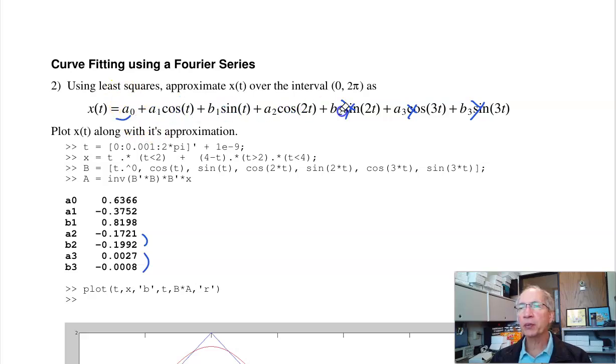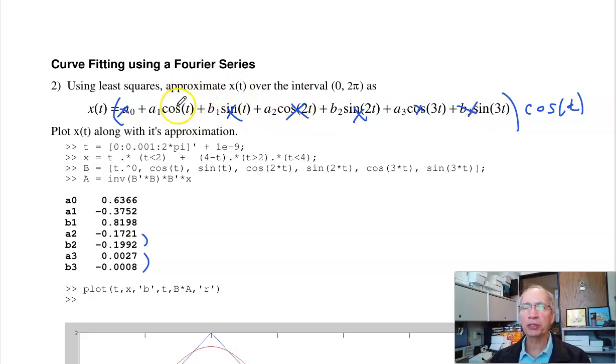Suppose I want to find a1. Well, if I take x of t and hit it with cosine of t, then take the average. Well, the average of cosine is 0. Average of sine times cosine is 0. Average of cosine times cosine of 2t is 0. 0, 0, 0.